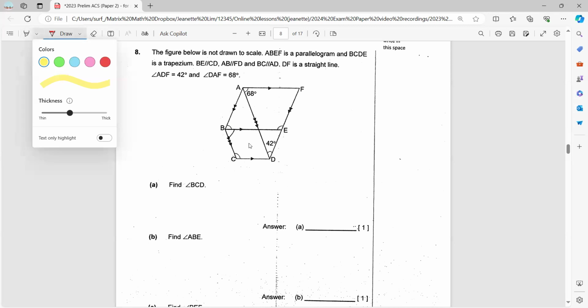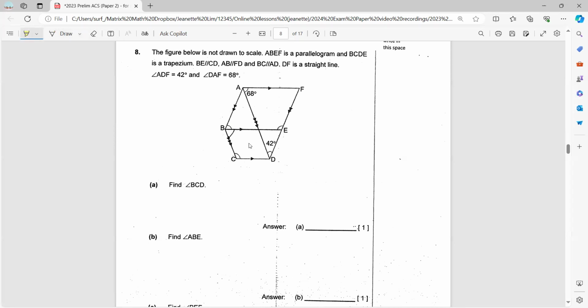Hold on, let me highlight. Or maybe we can use this. Wait. This one, you have a Z, alternate angles. So this one is 68 degrees also.